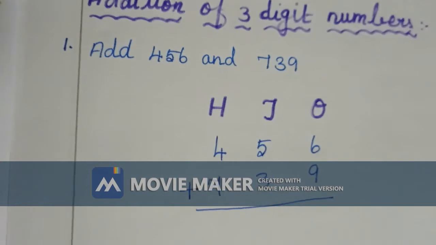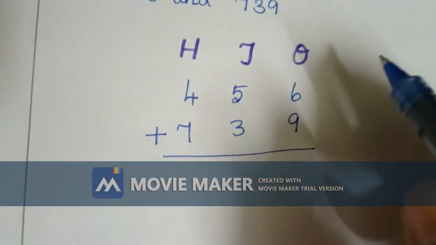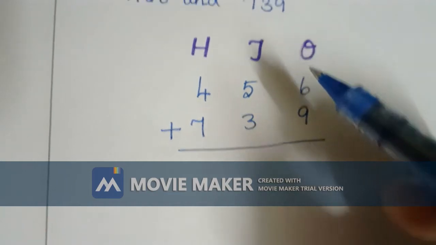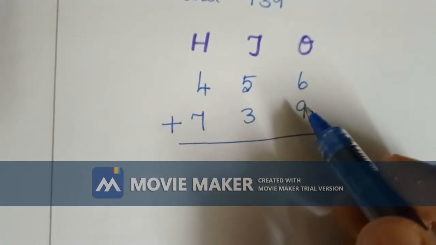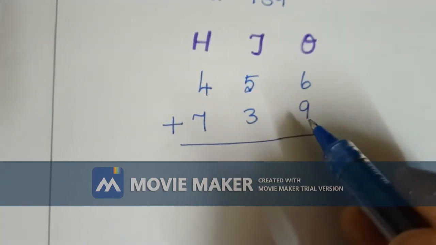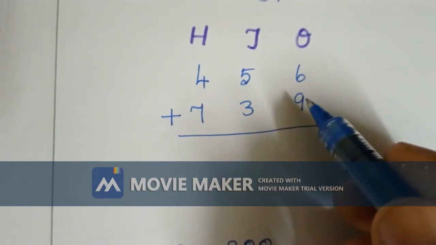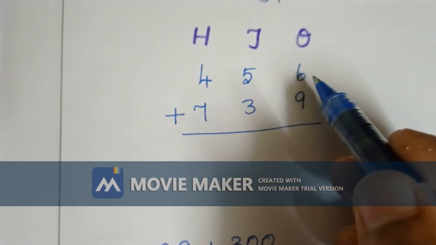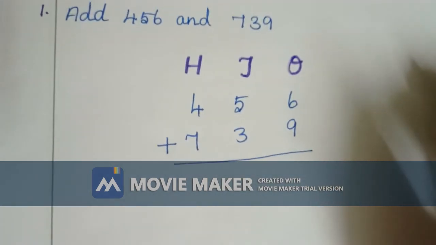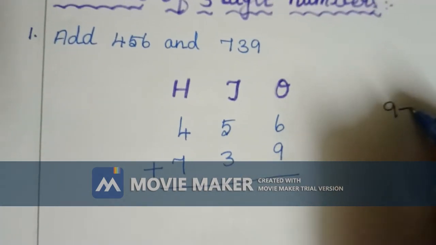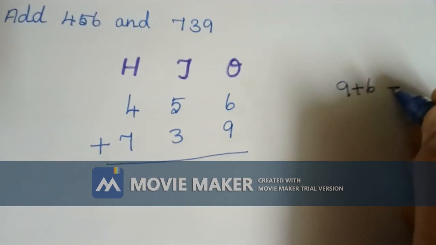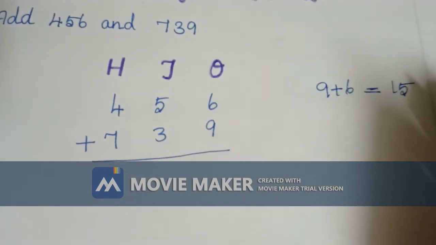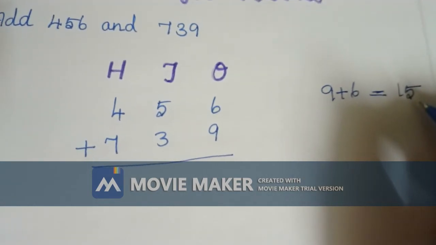Children, now the next step is to add the digits in the ones place. Here the bigger number is 9, so keep 9 in mind, and the smaller number is 6, so take 6 on your fingers. 9 plus 6 gives us 15.